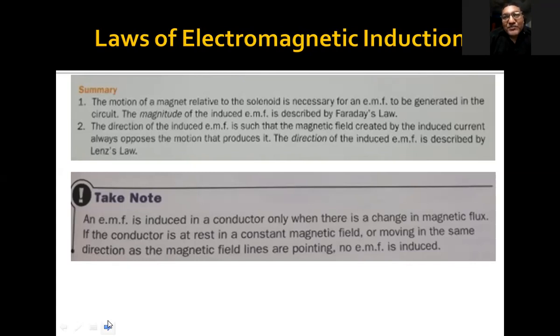So it's important that the conductor should be cutting the magnetic lines, and the flux passing through that conductor should also be changing. Then the EMF is induced. When the flux is merely present there, it will not induce EMF. Flux should be changing. When the magnetic flux is changing, then the EMF will be induced.